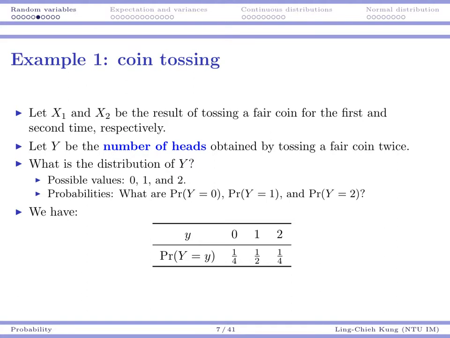If getting one head has probability 1/2, then getting two heads is 1/2 times 1/2, so that's 1/4. Similarly, if I want to obtain two tails, I need 1/2 multiplied by 1/2, so that's another 1/4. And then to get one head, I have the probability 1/2, so that the sum of them is 1. Okay?